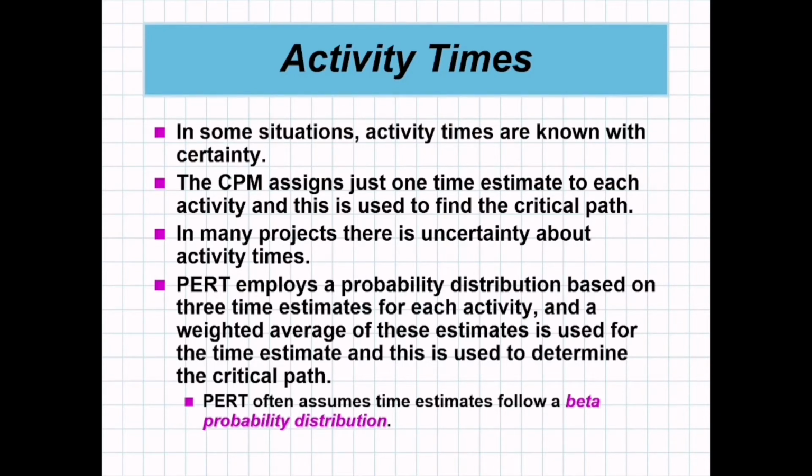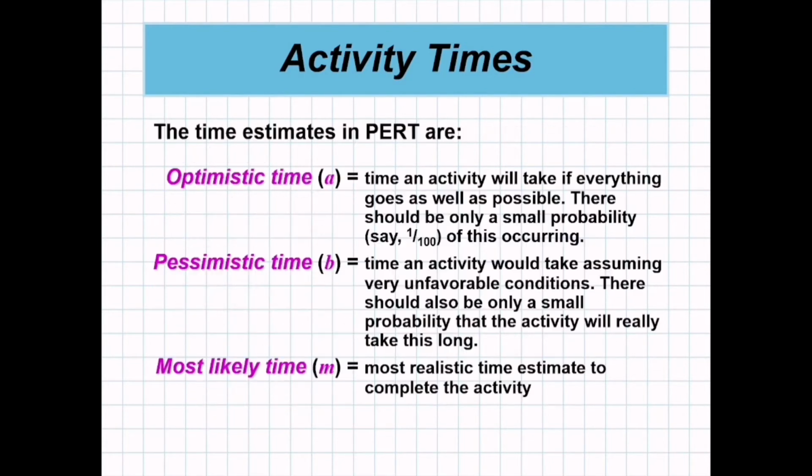So when you say uncertainty, meaning you're not sure, PERT employs a probability distribution based on three time estimates for each activity, and a weighted average of these estimates is used for the time estimate, and this is used to determine the critical path. So, PERT often assumes time estimates follow a beta probability distribution.